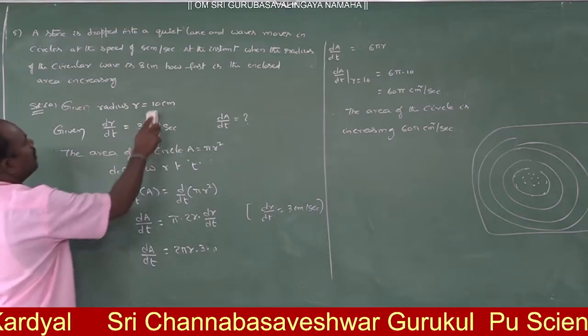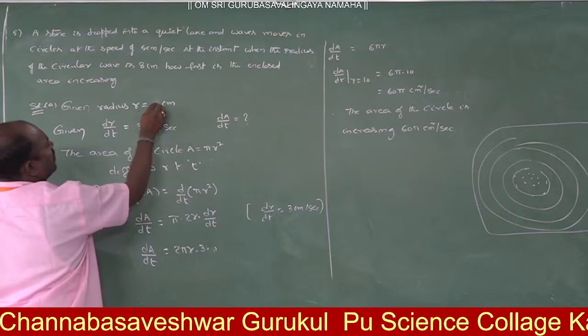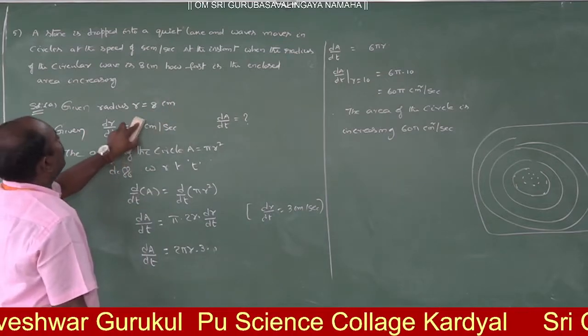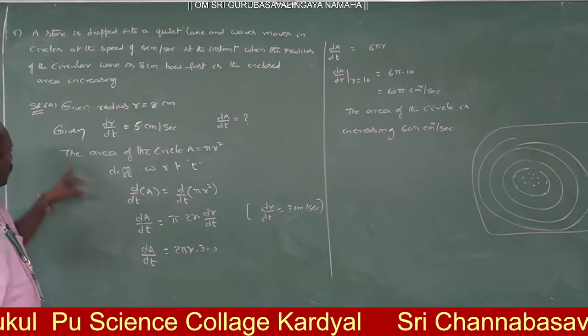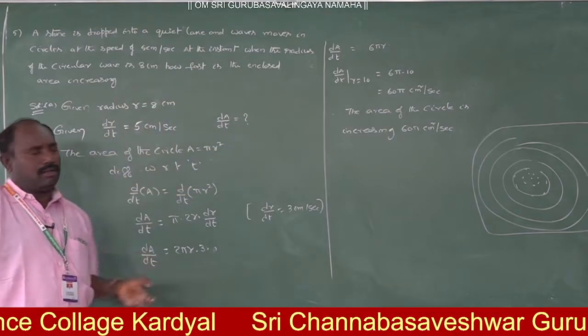Same condition given. Radius of the circle at the instant is 8 centimeters, dr by dt equal to 5 centimeters per second, dA by dt with respect to t.